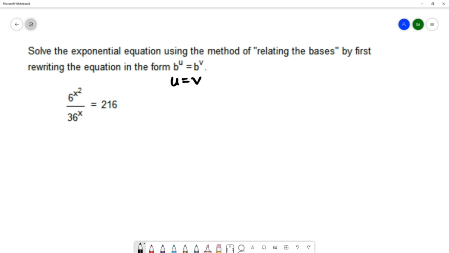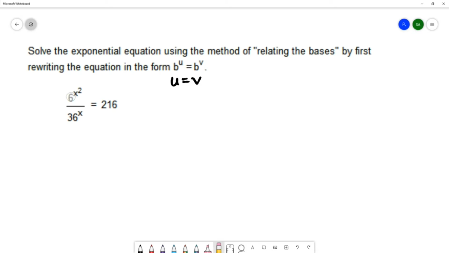So we can see on our example, we have 6 to the x squared over 36 to the x equals 216. So right now we don't have the bases being the same on both sides. So we need to do that first.